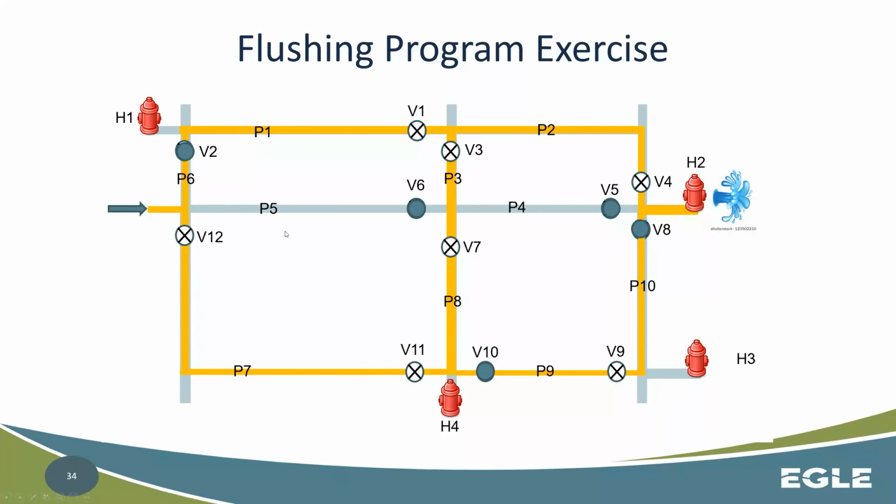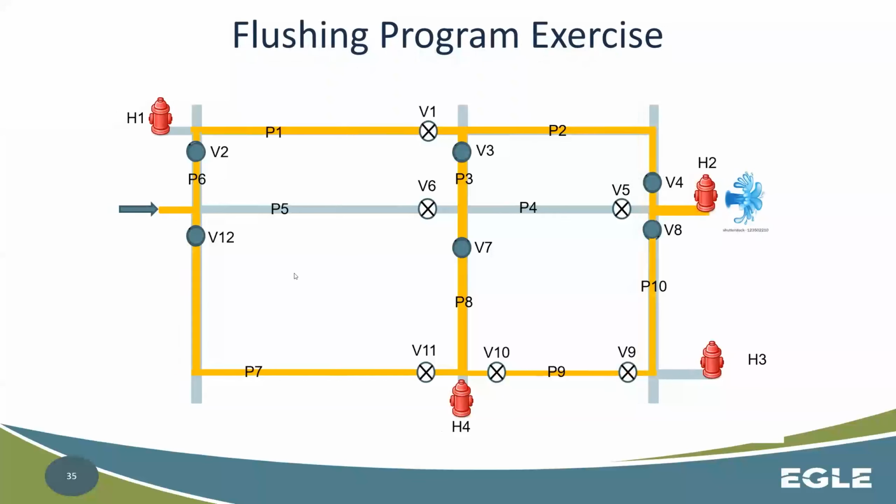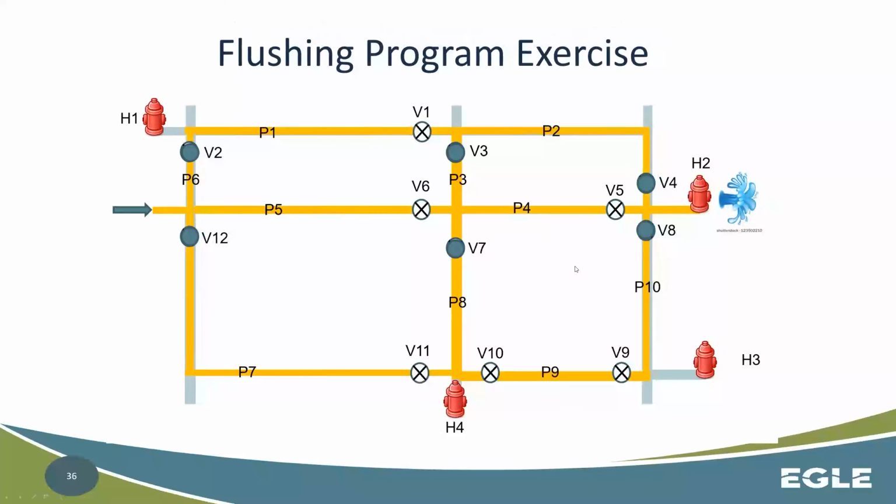So once we have hit that length of time, we're now going to switch our valves over again. And as you can see with that change in valving, this is now our current run and the last set of pipe that we need to flow through to get a good clean out of this whole little network, right? So we've closed off our valves here to isolate just this run. We've opened the run and we've begun to flow.